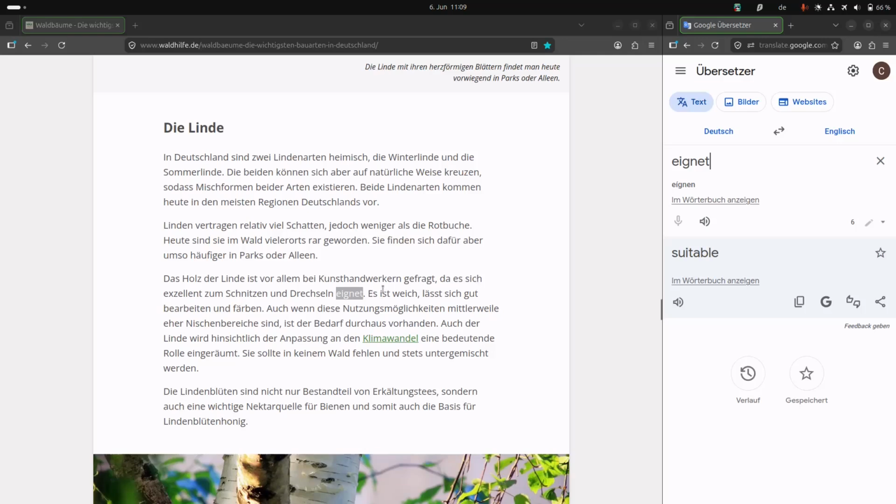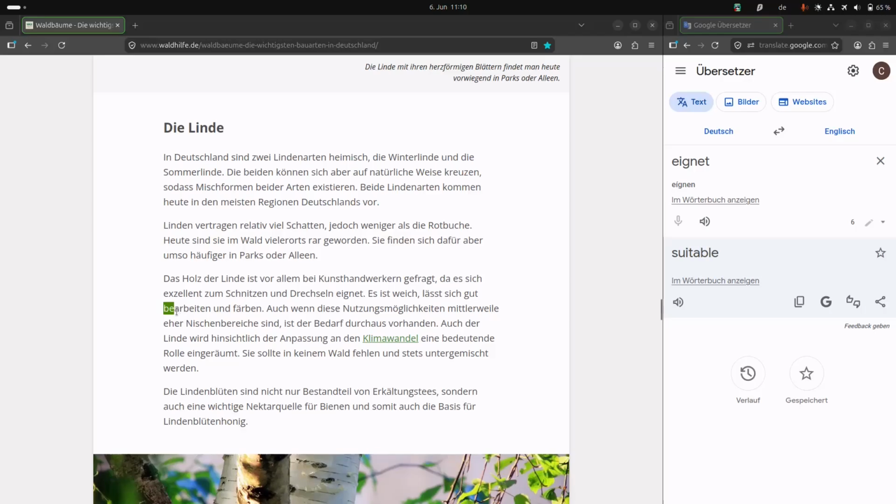Es ist weich, it is soft. Weich means soft in general, I think. Lässt sich gut bearbeiten, lets itself be worked on well, in this case you would say. Bearbeiten means edit in general, but in this case it means rather arbeiten, because bearbeiten derives from the word Arbeit, which means work, so basically be worked on, with a be, but not be as sein in German, translated from the English be.